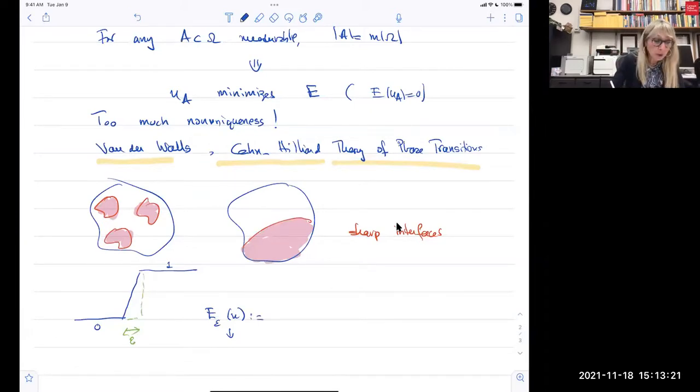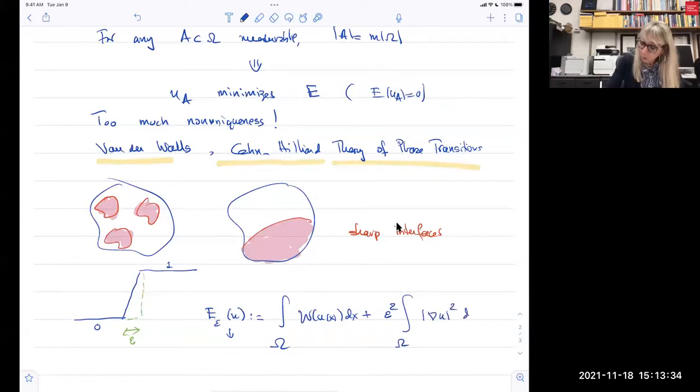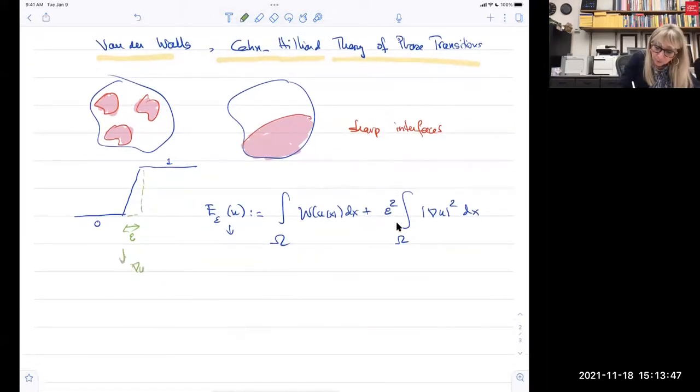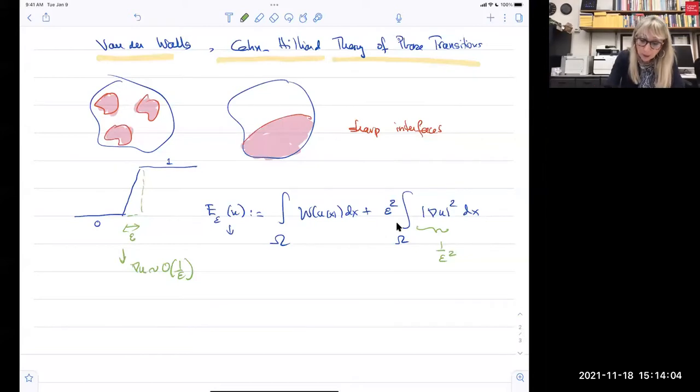And so what I'm going to do here is keep the same original energy, but add a small epsilon squared times the gradient of u squared. Why am I doing that? You see, if u goes from 0 to 1 across a wall of width epsilon, then the gradient of u is basically of order 1 over epsilon. So what you have here is something that looks like 1 over epsilon squared, right? And that's good news because that means this cancels with that.